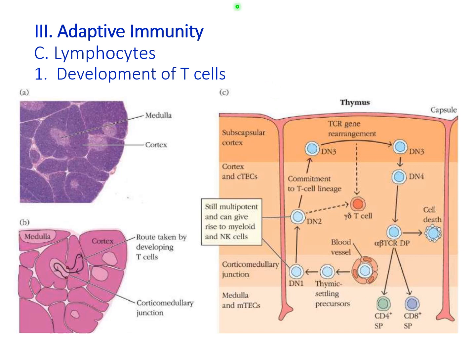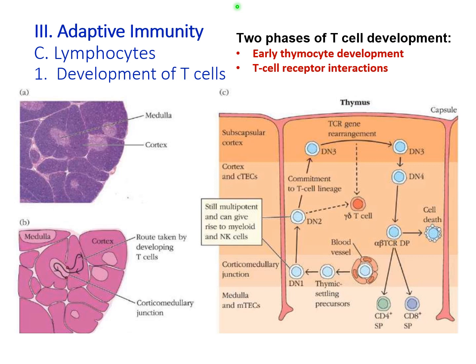Two phases of T cell development are early thymocyte development and T cell receptor interaction. In the early thymocyte development, there's commitment of hematopoietic precursors to the T cell lineage.